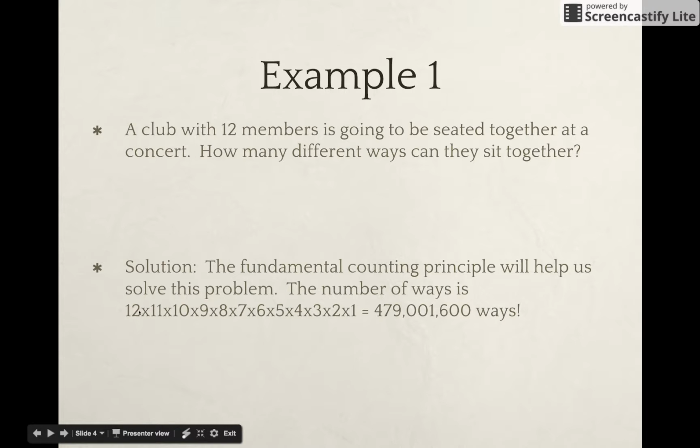That calculation again comes from the fundamental counting principle, where the number of ways that the first seat can be taken is 12, because there are 12 members. But once that seat is filled, there's only 11 ways that the second seat can be filled, and so on. That ends up being quite a large number, 479,001,600 ways.